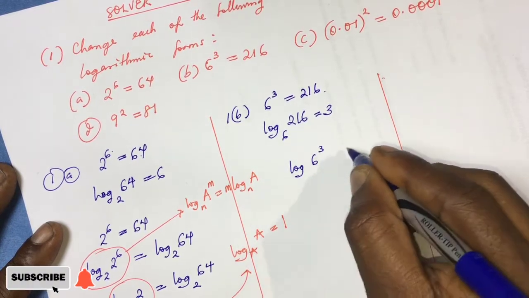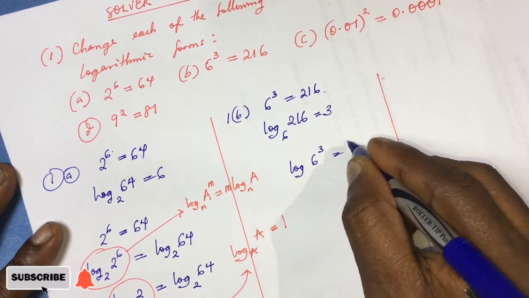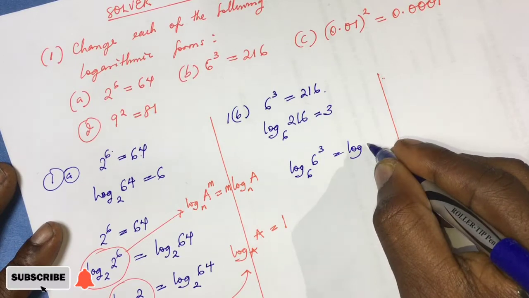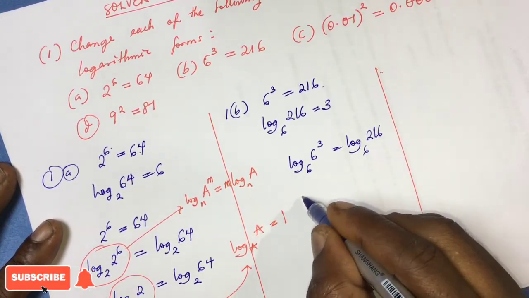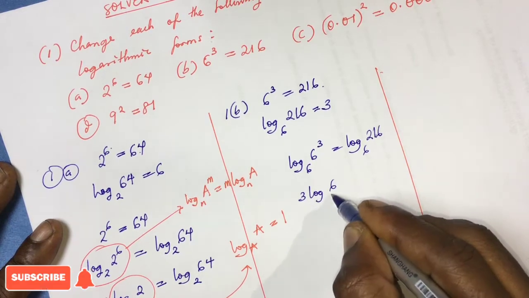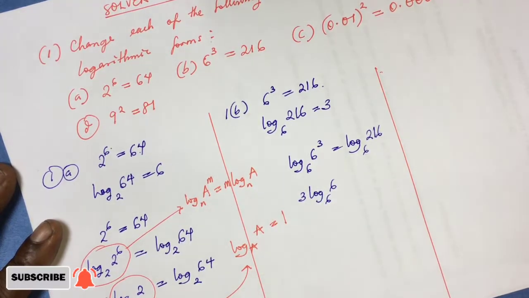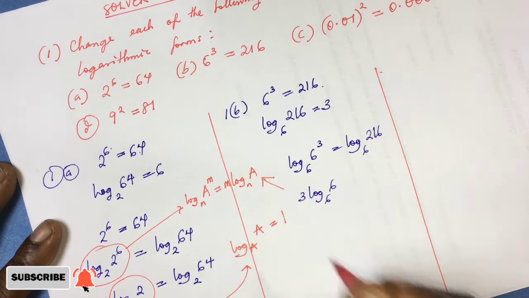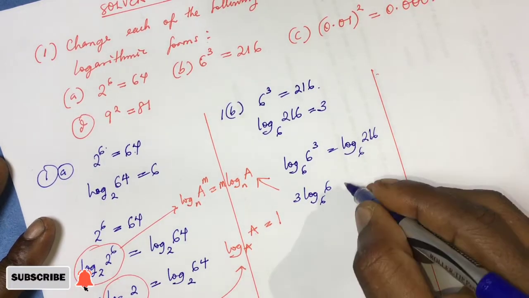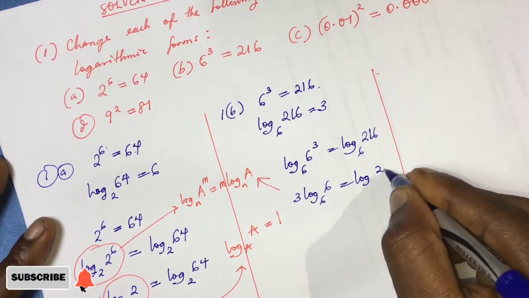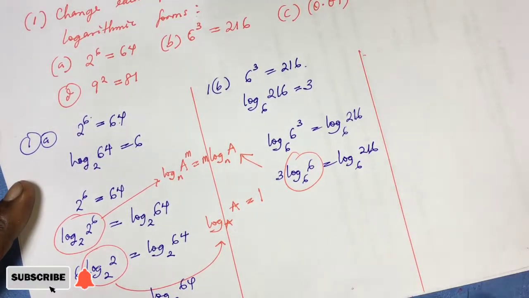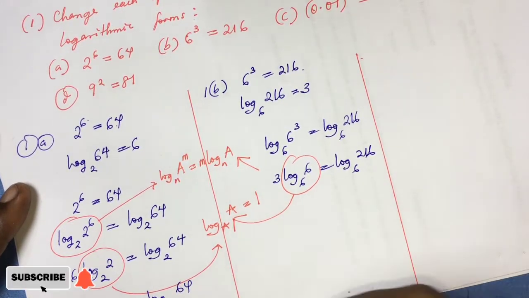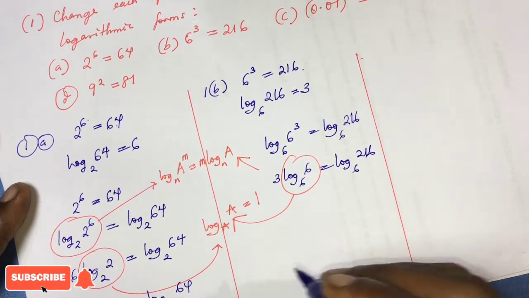If you don't want to go that way, then take the logarithm of both sides. I'm going to take the logarithm of 6 raised to the power 3 in base 6, and the log of 216 in base 6. Now when you do, it will give you 3 log 6 to base 6, still because of this law, and that gives us log 216 to base 6. Again, because of the law that log a in base a is equal to 1, the log of anything to that same thing as the base gives you 1.